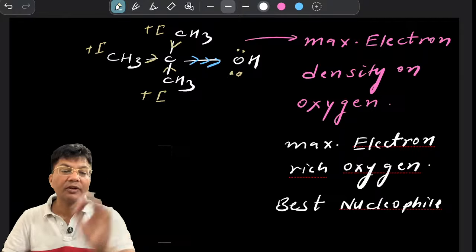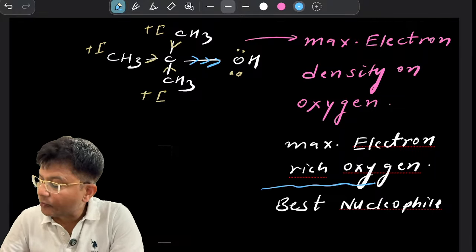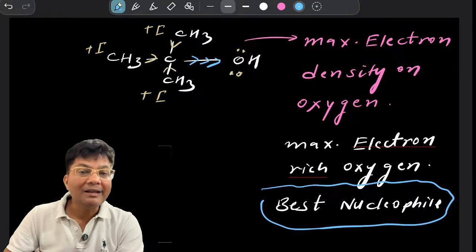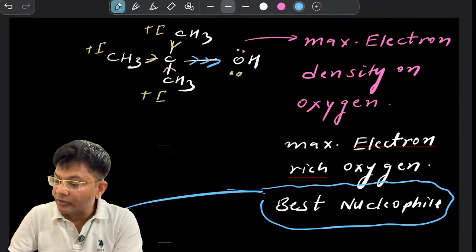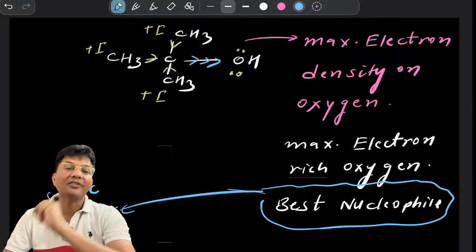But my dear students, remember that if I say it is best nucleophile, then it can attack only the least sterically hindered carbon. Steric hindrance is too much, so with everyone it cannot behave as a nucleophile.